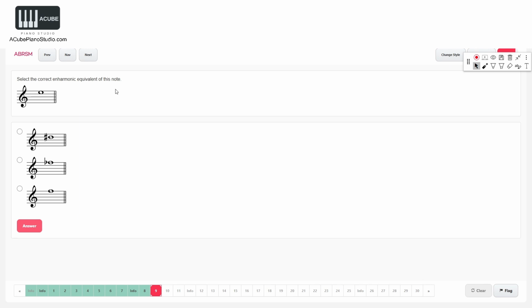Let's move on here. Select the enharmonic equivalent of this note. Okay, so let's draw out the piano. And this is the note E, right? So which other note is E? So this one is D with a sharp. If you have a note without any sharp or flat, a sharp is 1 semitone higher, or 1 semitone to the right.